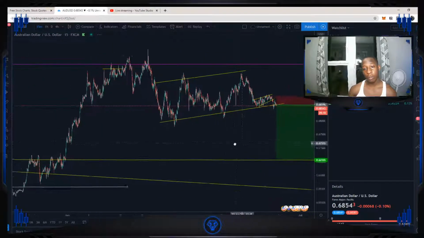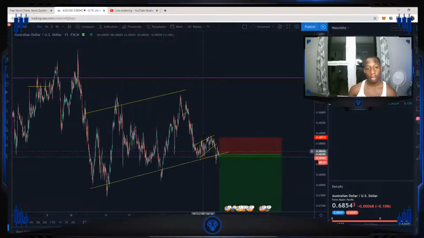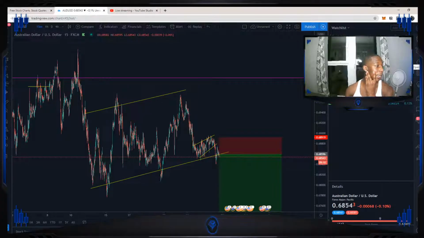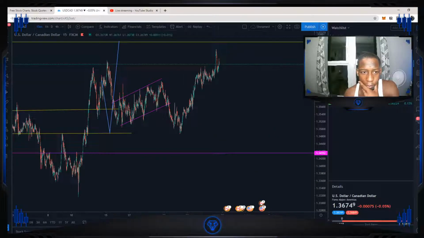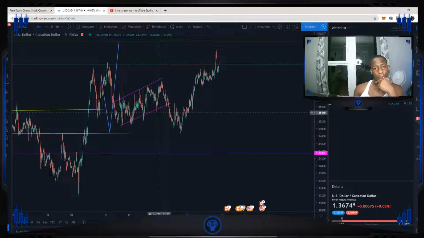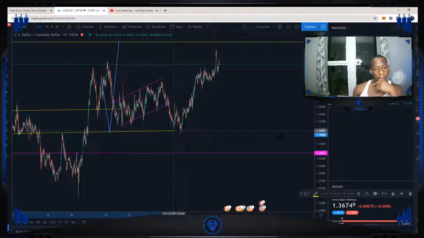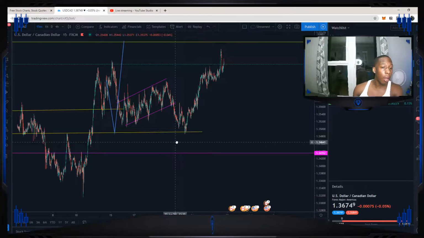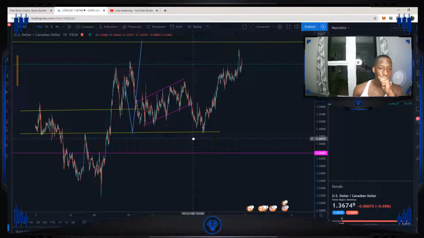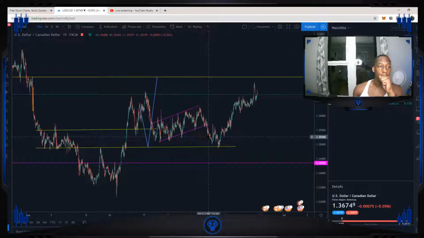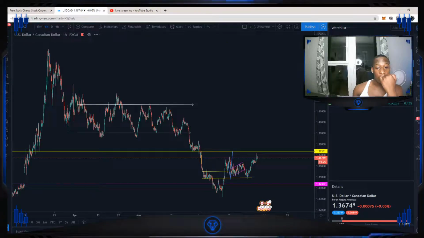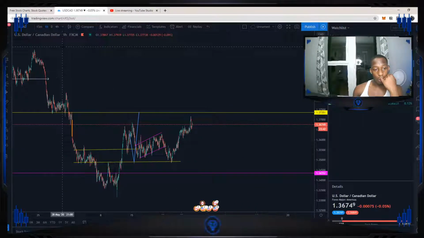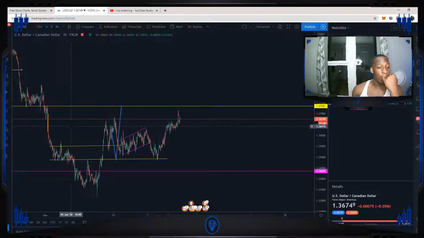Yeah, this trade is looking very nice. Very, very nice. So this could be something I could get into. Let's look at USD CAD. Oh, nice. That was literally on point. It's filled in that imbalance.